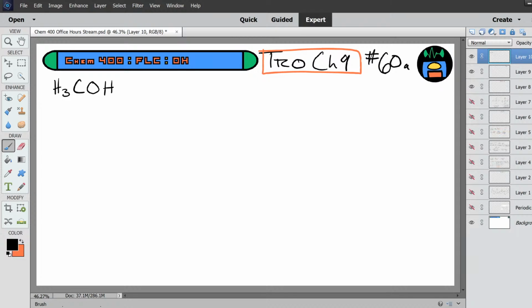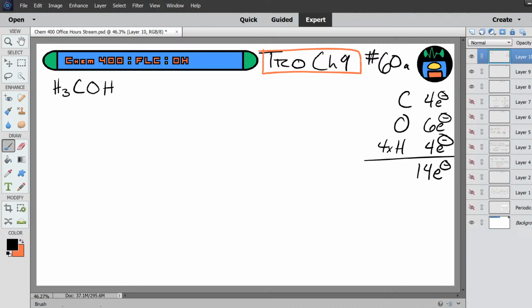So first we're going to total our electrons. We have carbon, which has 4. Oxygen is bringing 6 valence electrons. And then hydrogen brings 1, but we have 4 of them, so that's 4, giving us a total of 14 electrons to spend.